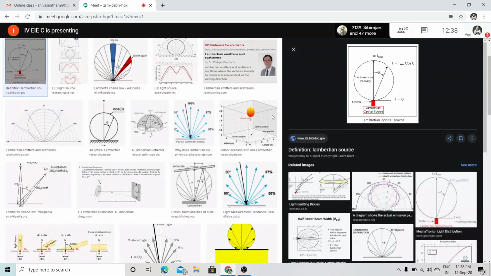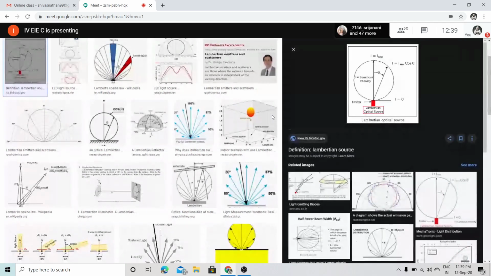This beam splitter is the key element here, and it performs two actions: one is beam splitting, the other is joining. The same beam splitter acts as a joiner and a beam splitter. So our laser energy is focused.